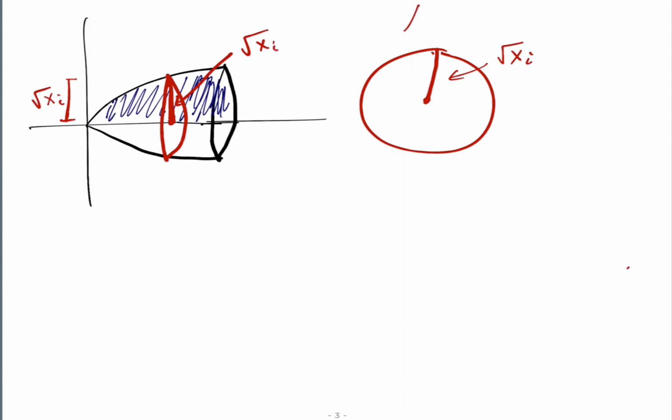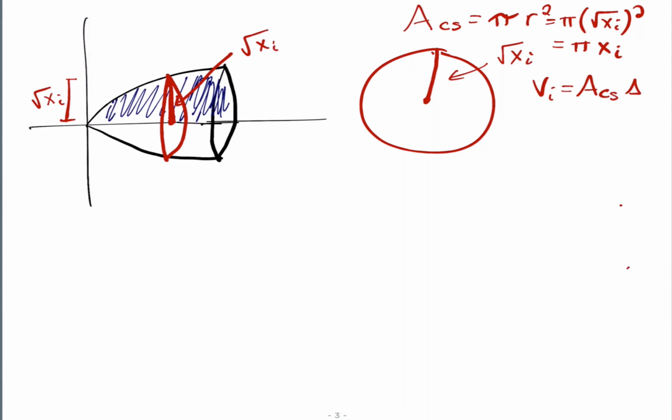So the area of the cross section is equal to, in this case it's a circle, so pi r squared. So in this case, that would be pi times the square root of x sub i squared, so pi times x sub i. And that's it. Yes? So far so good? Okay, and then the volume is basically just the area of the cross section times delta x.